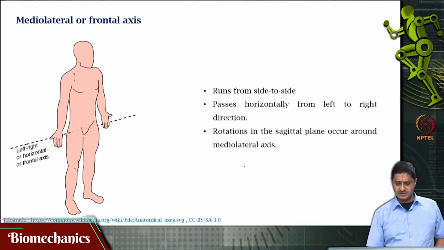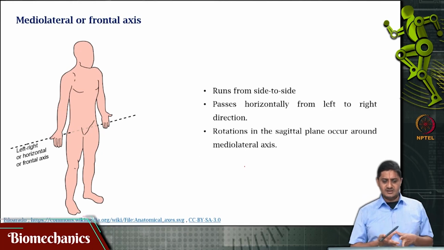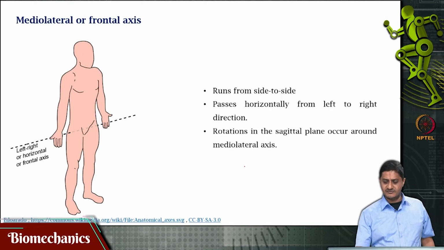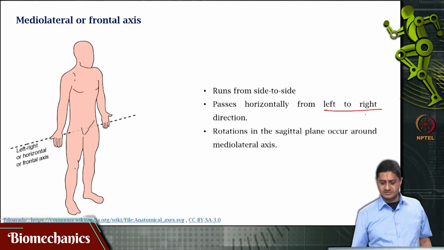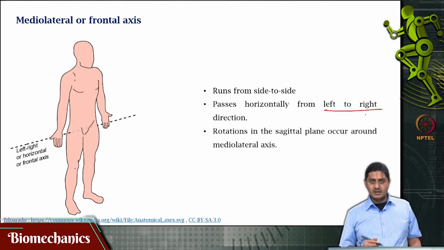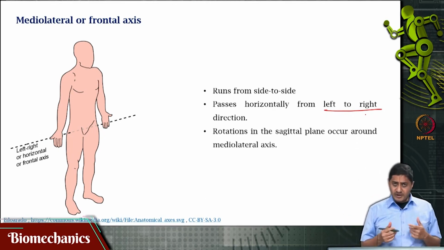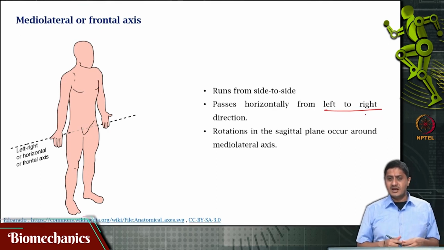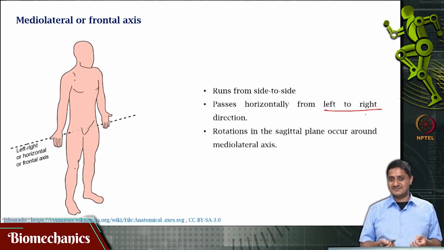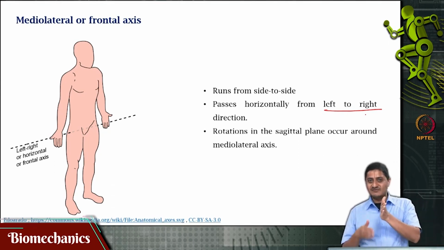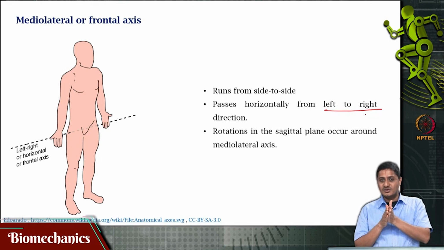So, the mediolateral axis runs from side to side. It passes horizontally from left to right. Now, remember that any movement that happens in a sagittal plane will happen about this axis, because the sagittal plane divides the body into two sides, the left side and the right side.